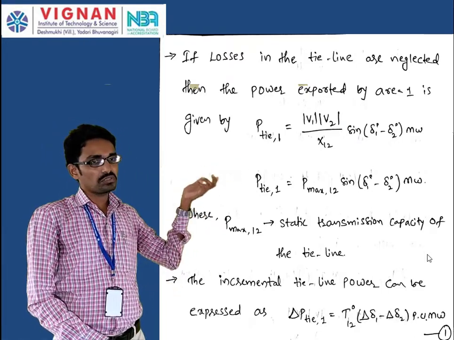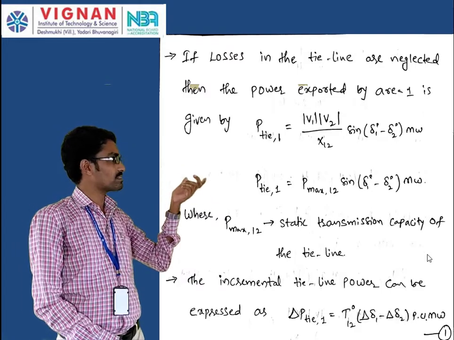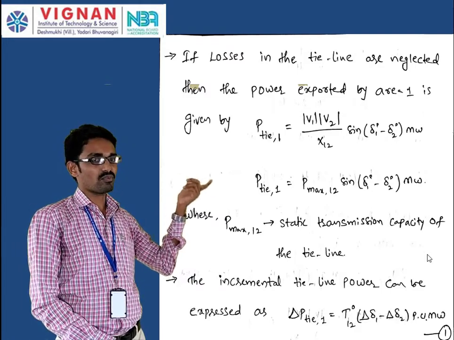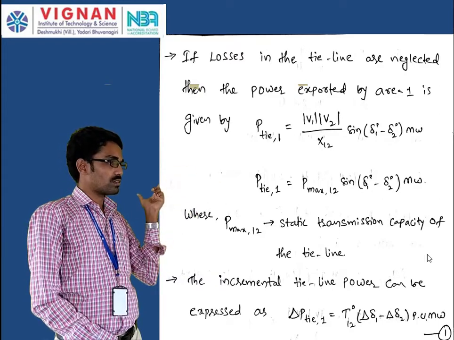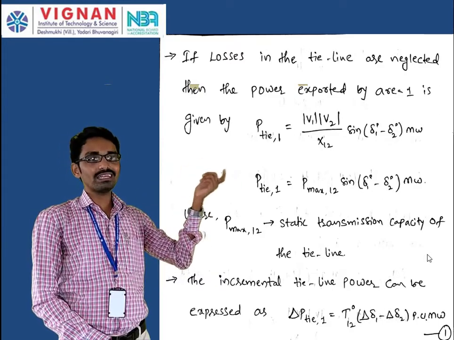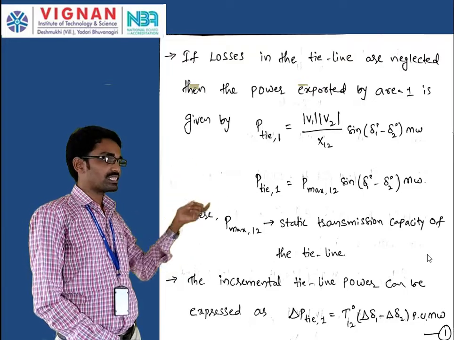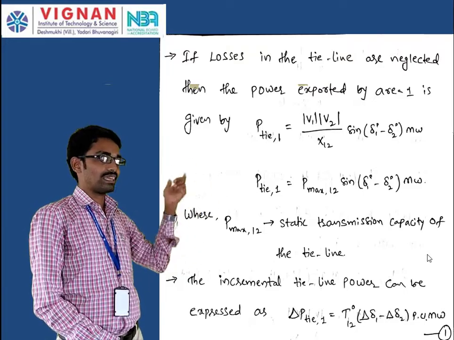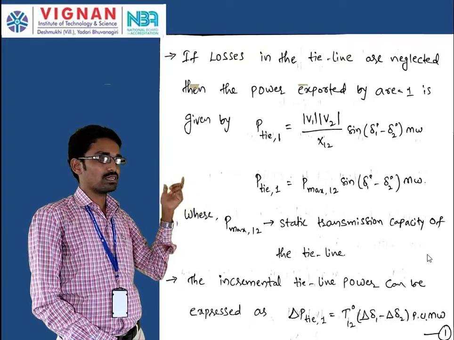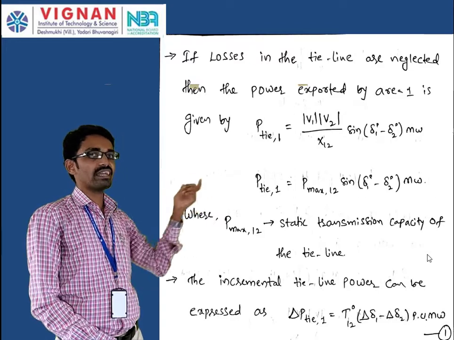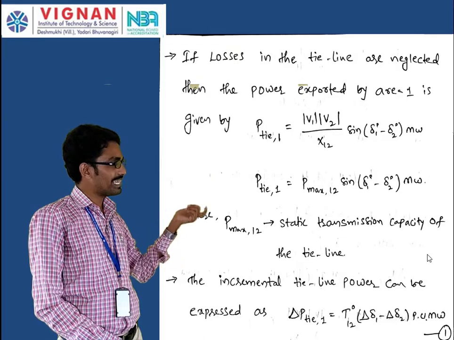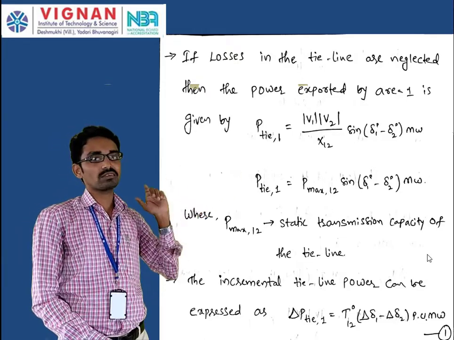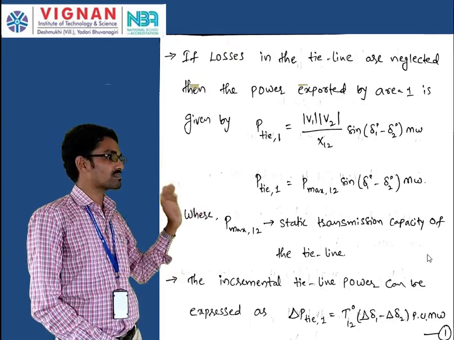In a steady state or stability analysis of the power system, we have a sending end and a receiving end in a transmission system. For the calculation of power, Vs VR by Xs into sine delta is considered in the stability analysis of the power system.